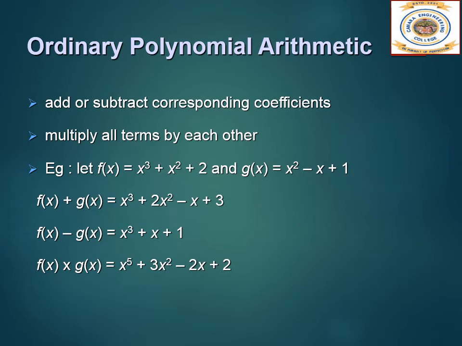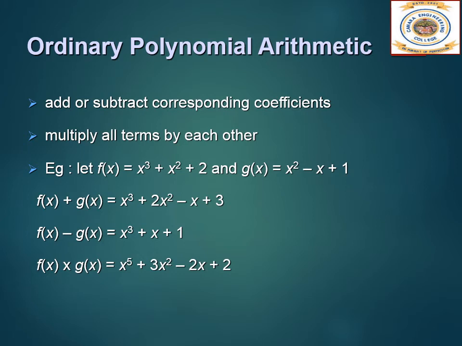Now when I subtract, it will be x cube plus x square plus x plus 2 minus x square plus x minus 1. So what do we get? We get x cube, and x square and x square cancel. So plus 2x, and plus 2 and minus 1 will become plus 1. This is the answer for subtraction.